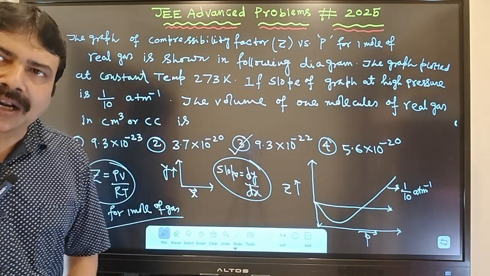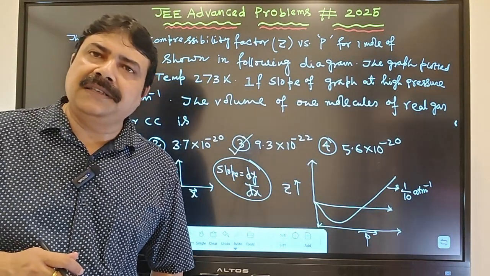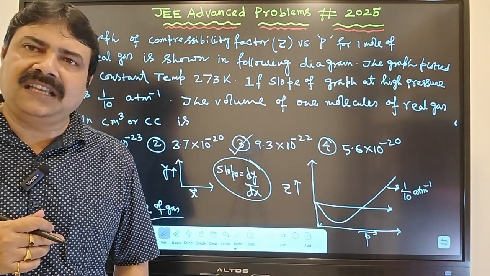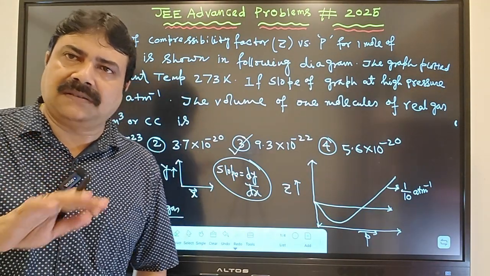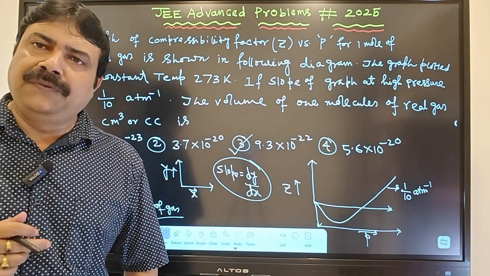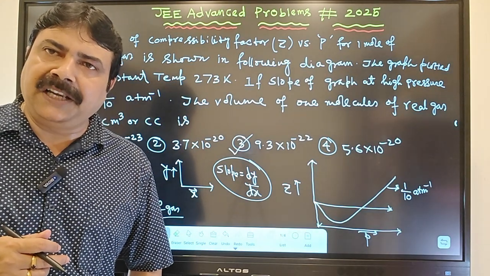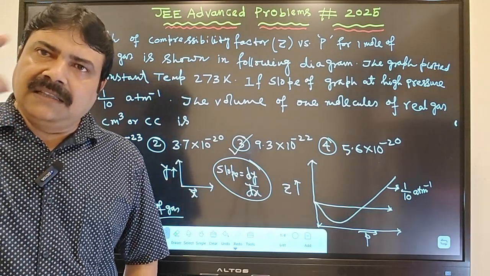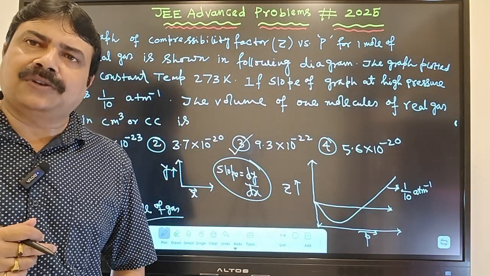Then we got the expression Z equals 1 plus Pb by RT, and Z is greater than 1 at high pressure region and the gas is very hard to compress. Then I differentiated with respect to P, dz by dP, and got the term b by RT.